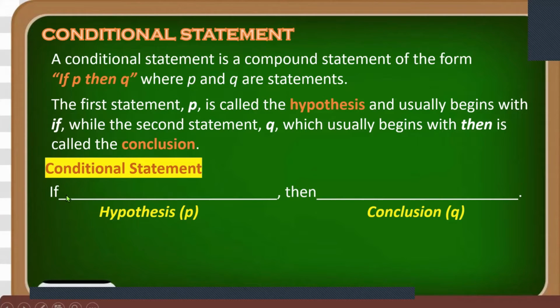Ibig sabihin, yung statement lang na after ng if, yun yung tinatawag nating hypothesis. And also, the then statement, hindi rin kasama ang then. Yung statement mismo lamang po ang ating conclusion or Q.